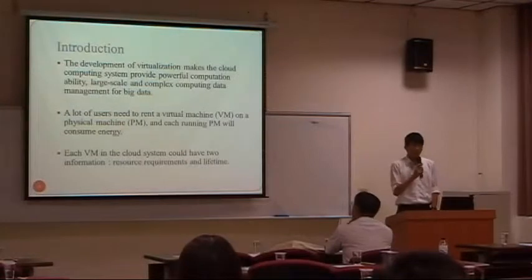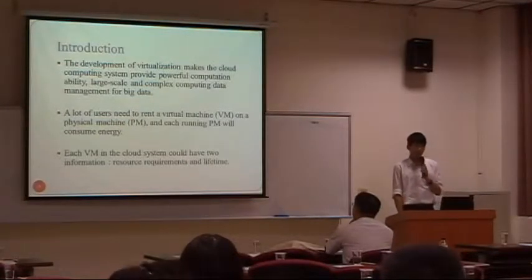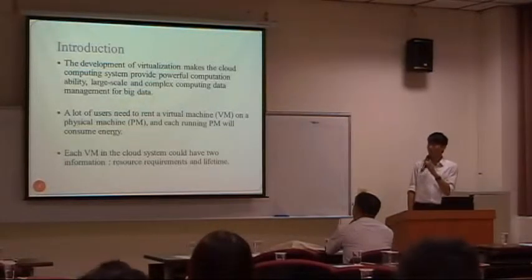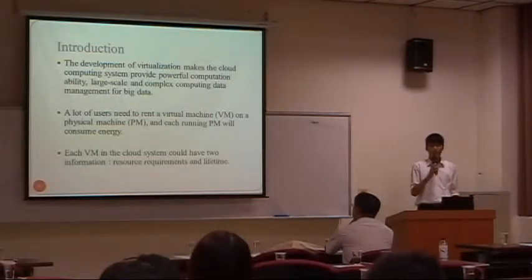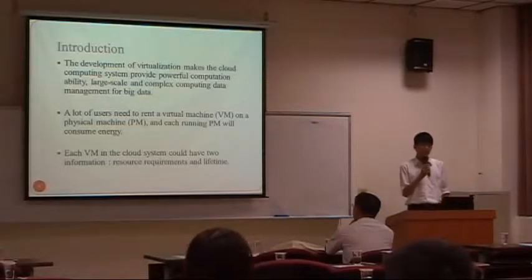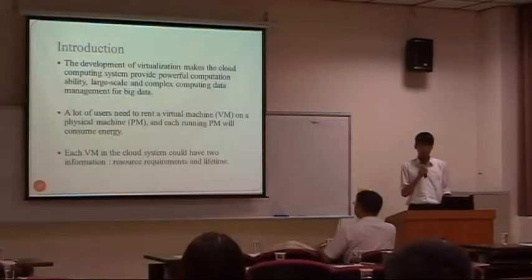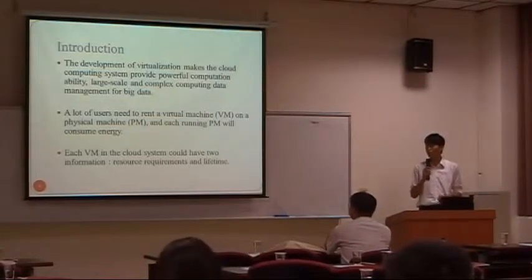Introduction. Virtualization is becoming popular, so it can make the cloud computing system provide powerful computation ability, large scale and complex computing data management for big data. A lot of users may rent a virtual machine on a physical machine.